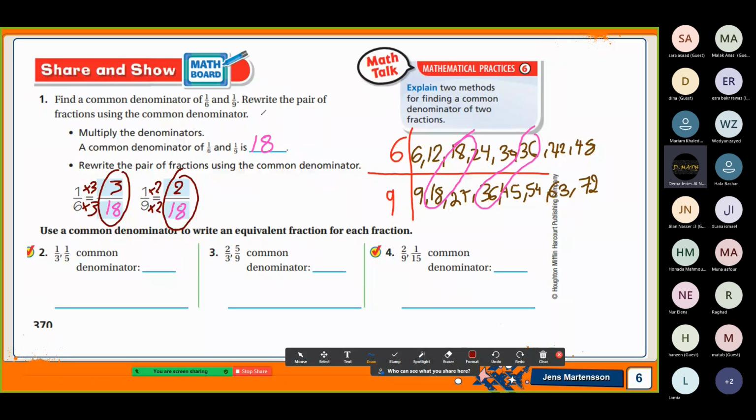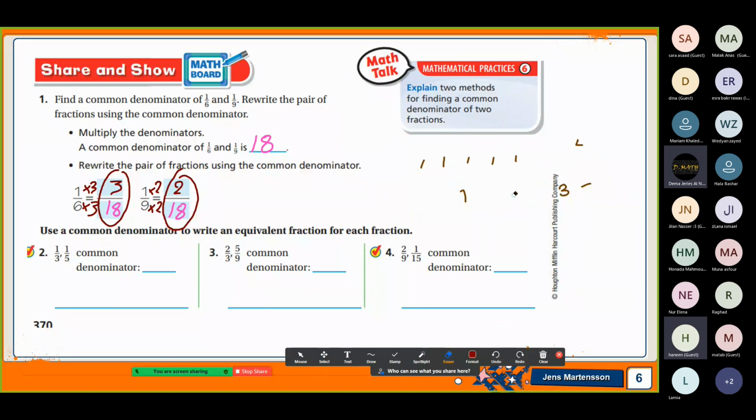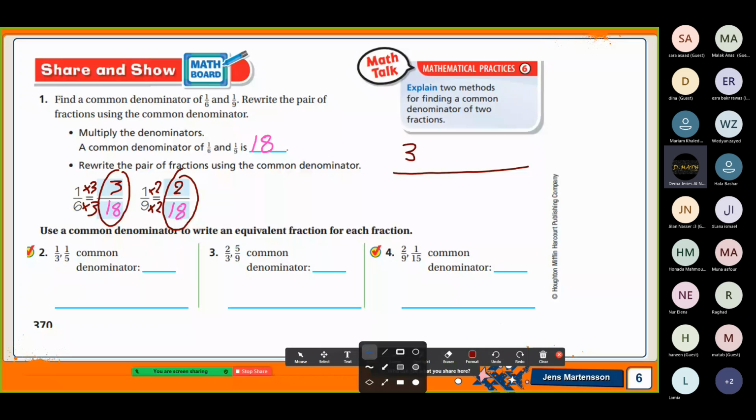Now, number 2, Haneen. Yes, teacher. And number 2 here, what do you have? We have 1 over 3 and 1 over 5. Let's write the multiples of 3 and 5.